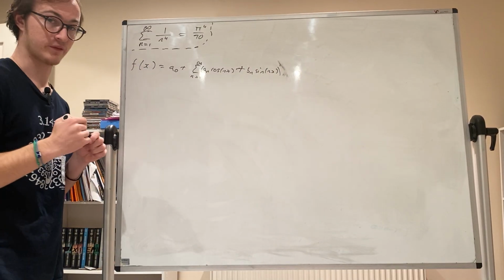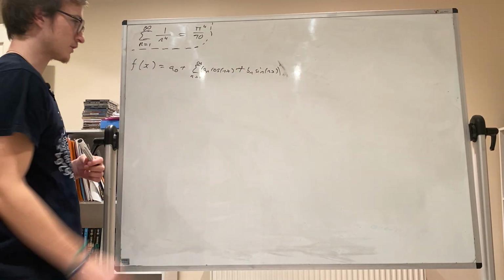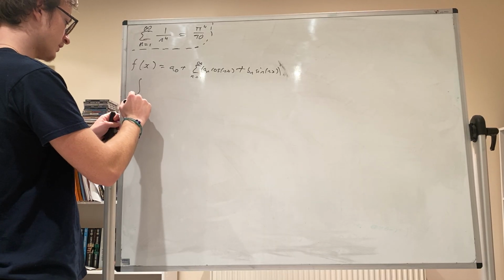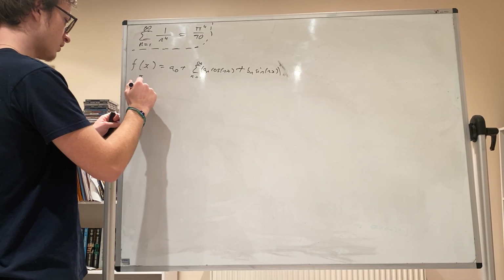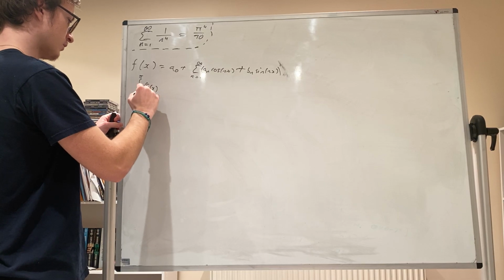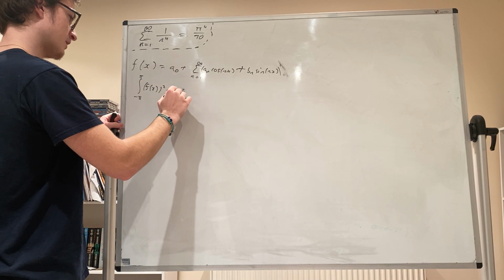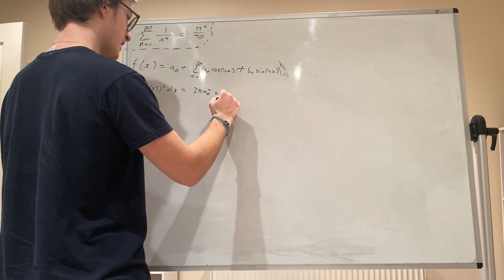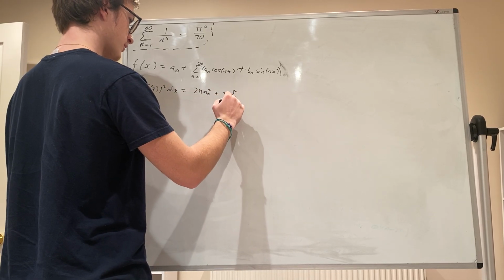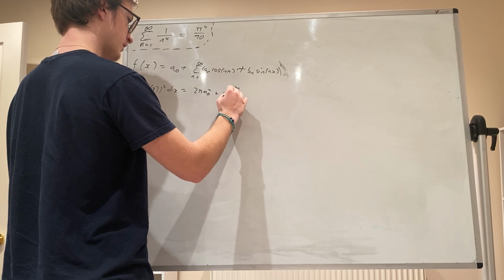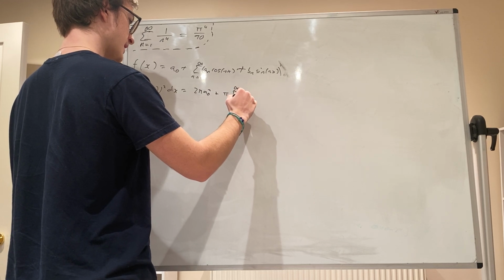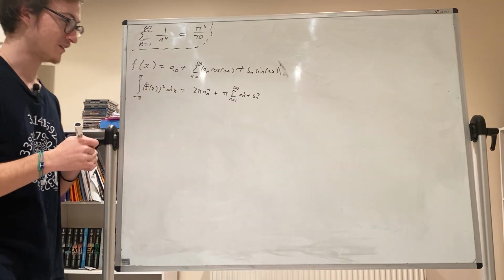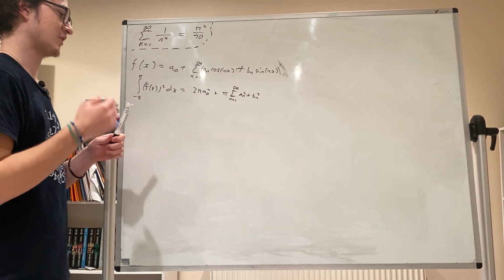So you expand it as a Fourier series, so you write it in terms of trig functions. Then we have that the integral from minus pi to pi of f of x all squared dx is equal to 2 pi a0 squared plus pi times the sum from n equals 1 to infinity of an squared plus bn squared. Like so. Okay, so this is what Parseval's theorem is telling us.